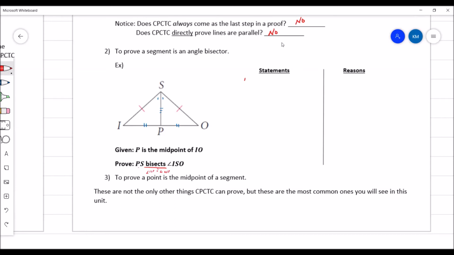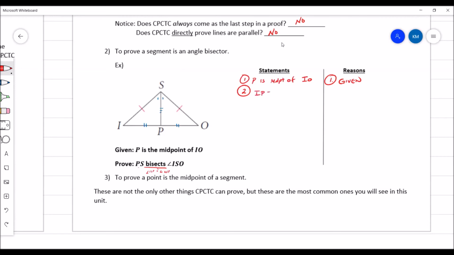So as I go through looking at these markings and our givens, P is the midpoint of IO, and that's given. Okay, from there, I don't want to continue on to the next thing. I want to use this to say that something's congruent to something, which I already kind of thought of here.